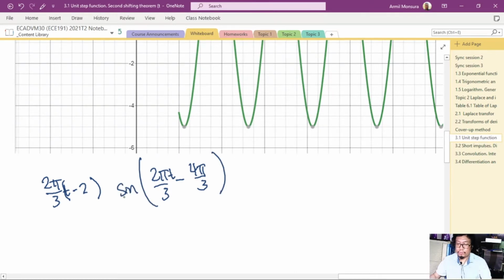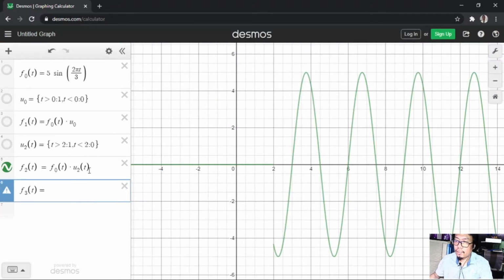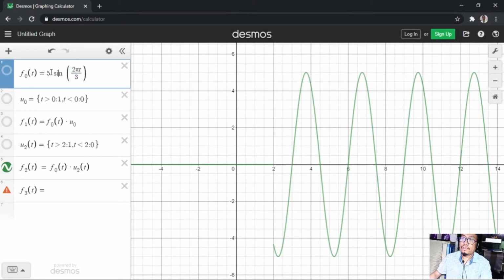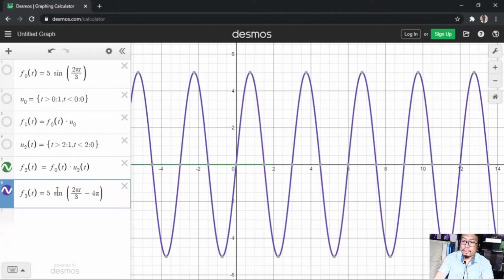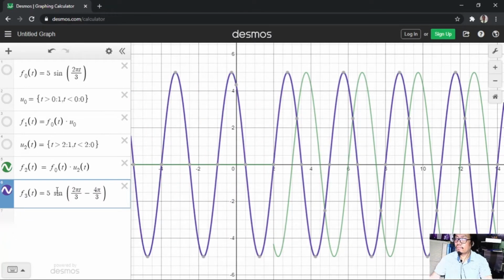Now let's see if that would work. We start with this one. I'll simply copy this here and paste it here. Then I'll subtract 4 pi over 3. I'll turn this one off first.